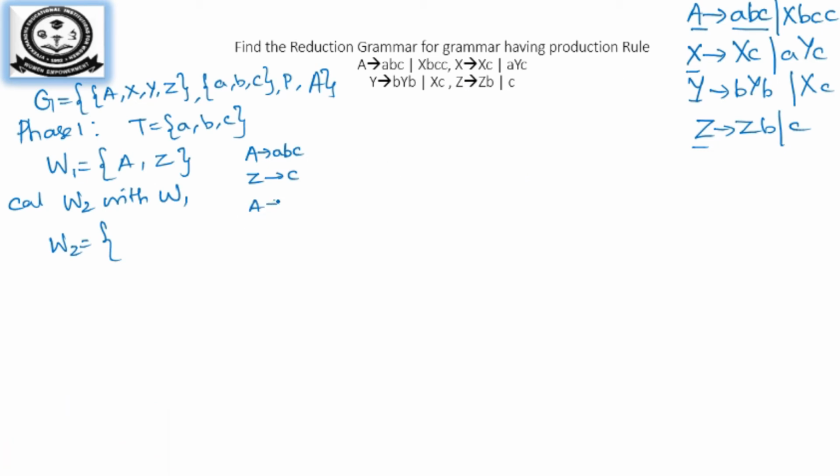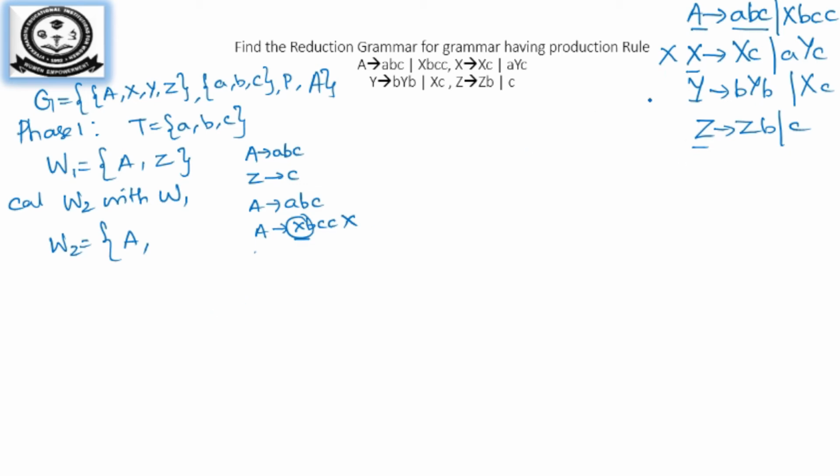So A tends to abc, which is accepted, so you will have A, but A tends to XBCC is not accepted since X is not in W1. Similarly, when X is not in W1, we will not be considering the production of X.